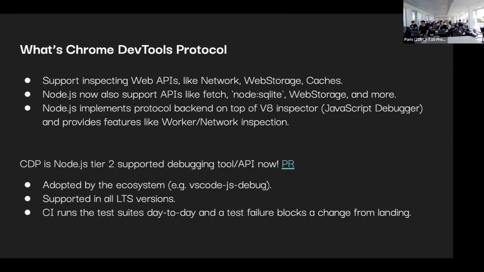This was a very late declaration because the DevTools protocol is already the de facto protocol to debug a Node.js process. So I think this is just a post-mortem declaration to officially declare that the Chrome DevTools protocol is supported in Node.js. But anyway, it doesn't change anything in our current process.